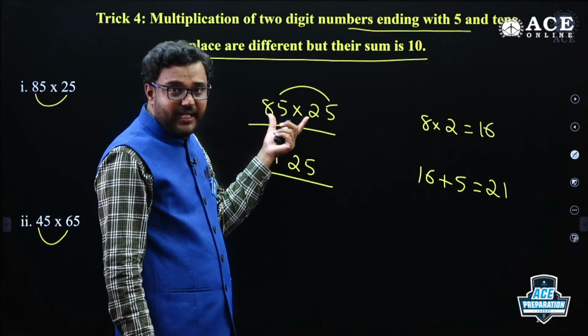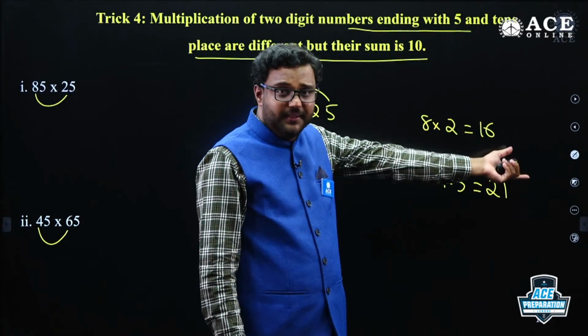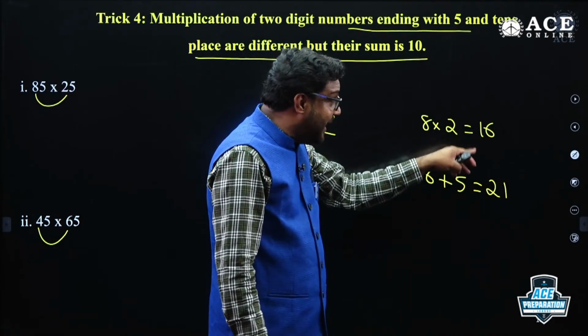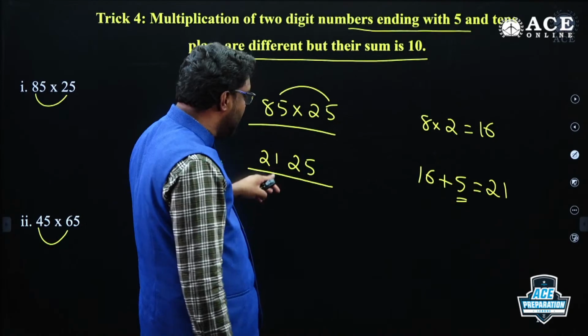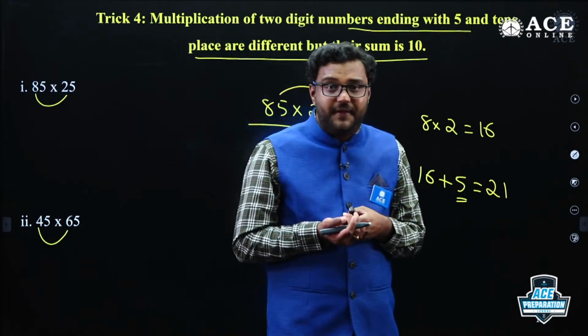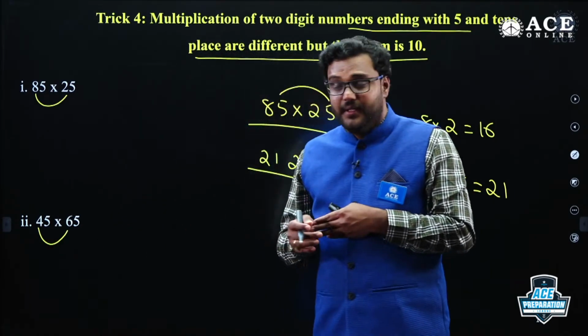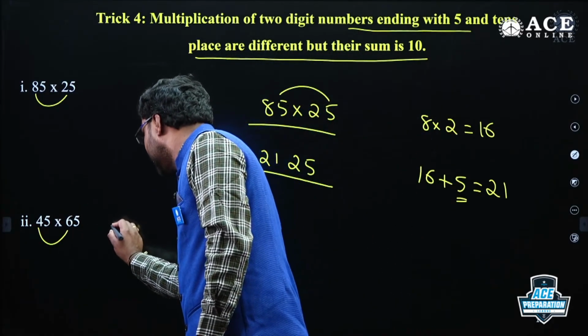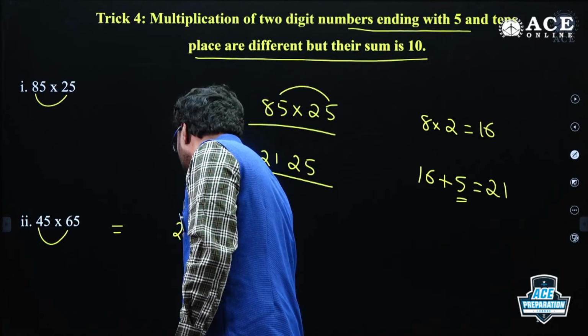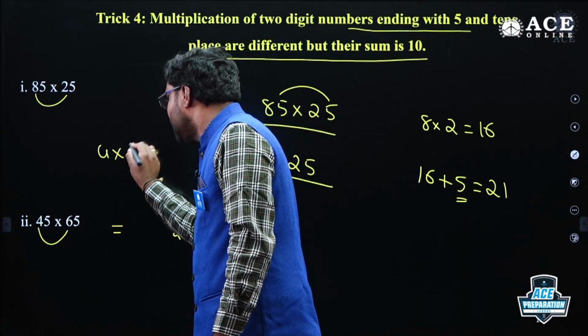5 into 5, 25. Remaining 2 numbers are 8 and 2. 8 2s are 16. You have to add 5 to that. 16 plus 5, 21. You got 2125. Now 45 into 65. Now you got the idea. 5 into 5, 25. 4 into 6 is 24.